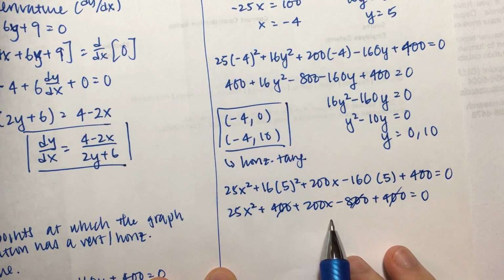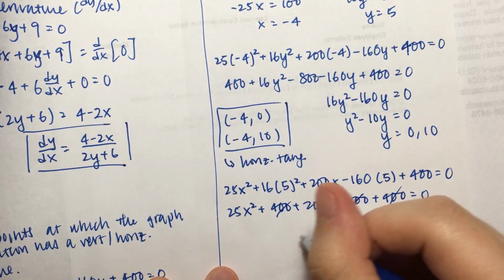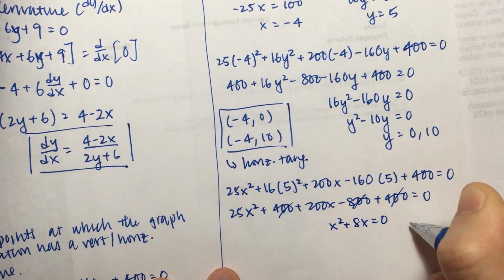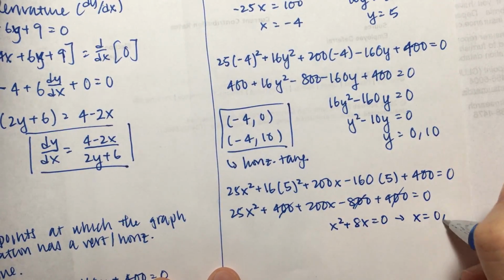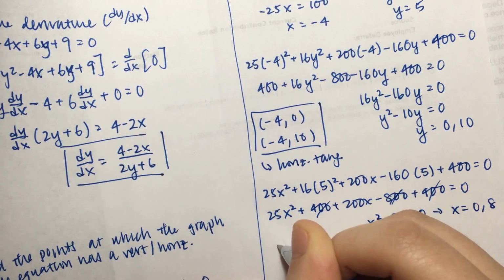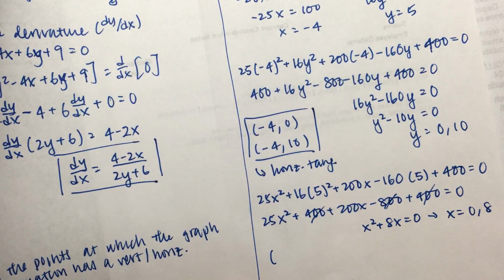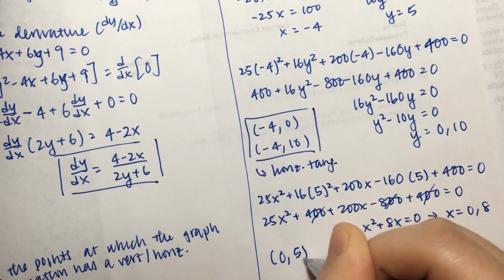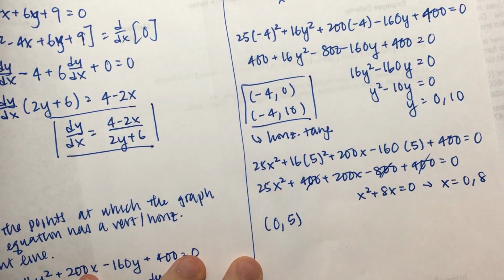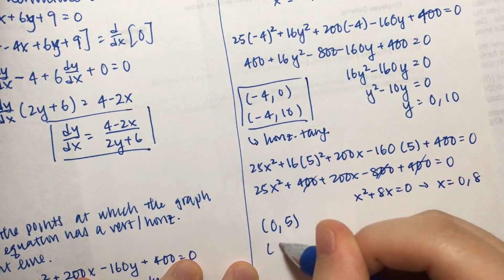25x squared plus 200x, I'm just going to simplify that real quick. That would be x squared plus 8x equals 0. x will be 0 and -8. And so we have our other set of points, which is, what was the, okay, (0, 5). Right, the y value we found was 5. (0, 5), and (-8, 5).